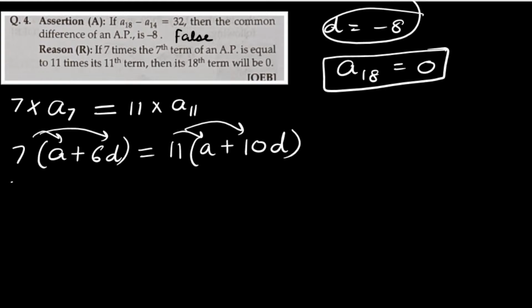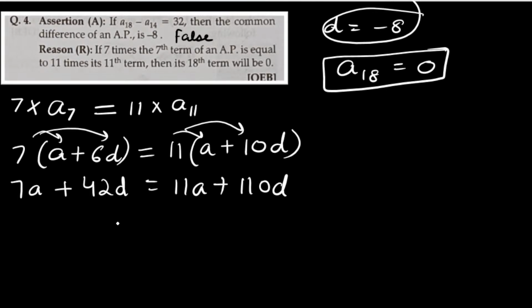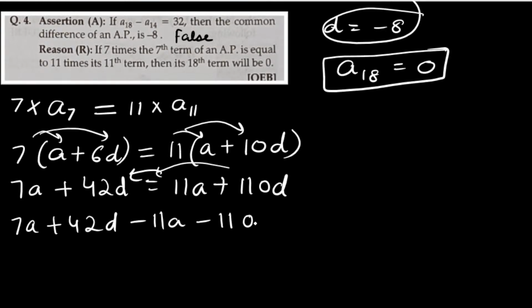If I do bracket multiplication, I'll get 7A plus 42D is equal to 11A plus 110D. So let's shift all the terms to one side. So 7A plus 42D, and shifting 11A, minus 11A, and when I shift this also, minus 110D.